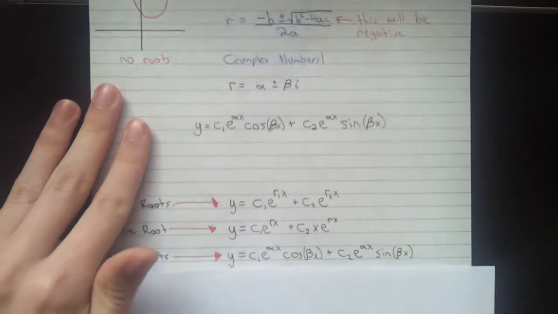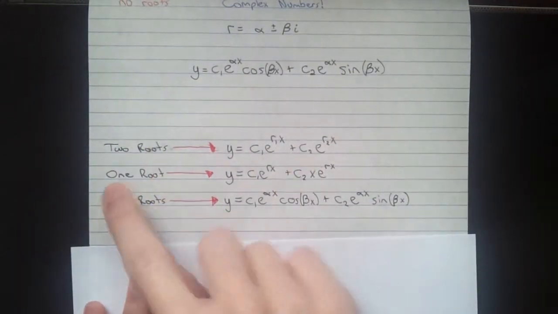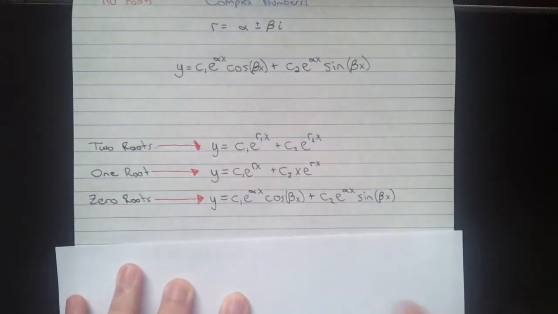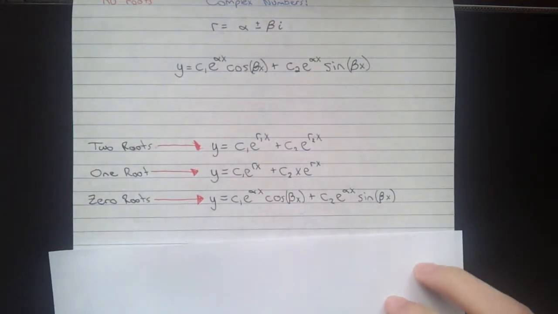So let's write those all in one place. If you have 2 roots, it looks like this. 1 root, no roots. I highly suggest you write it in your notes just like this, so you have it all in one place, and it's easy to reference later on.